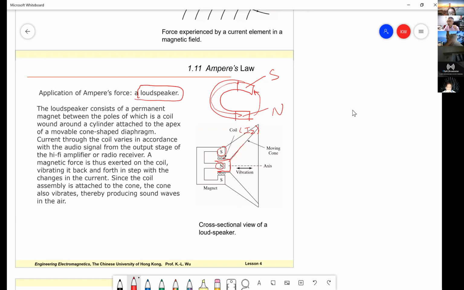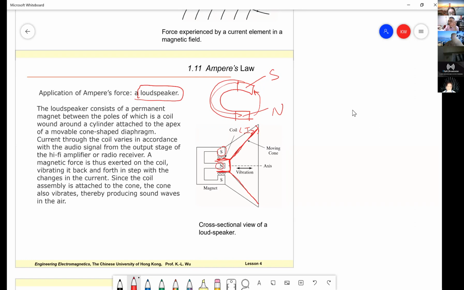And then this cylinder, closely attached to this coil, is also connected to this movable cone-shaped surface, which is made of just paper, right?